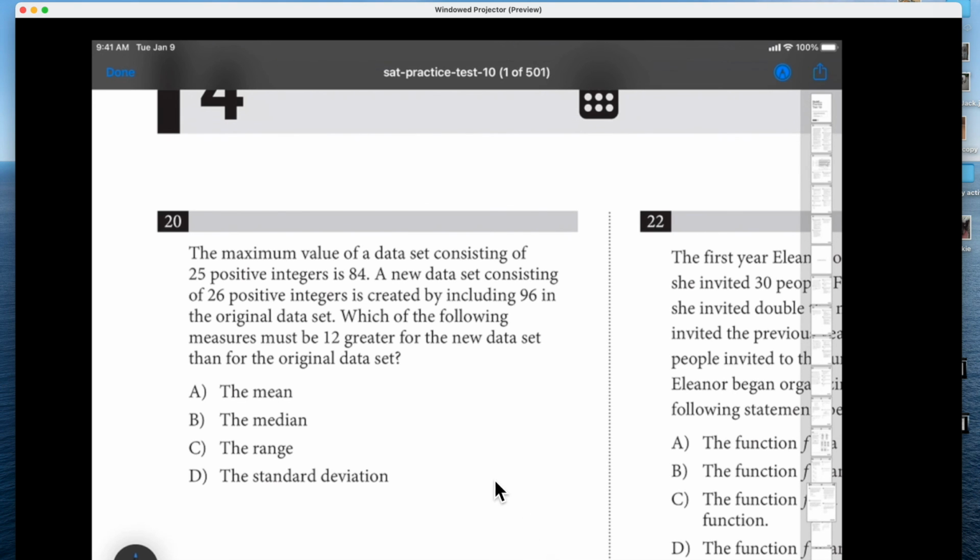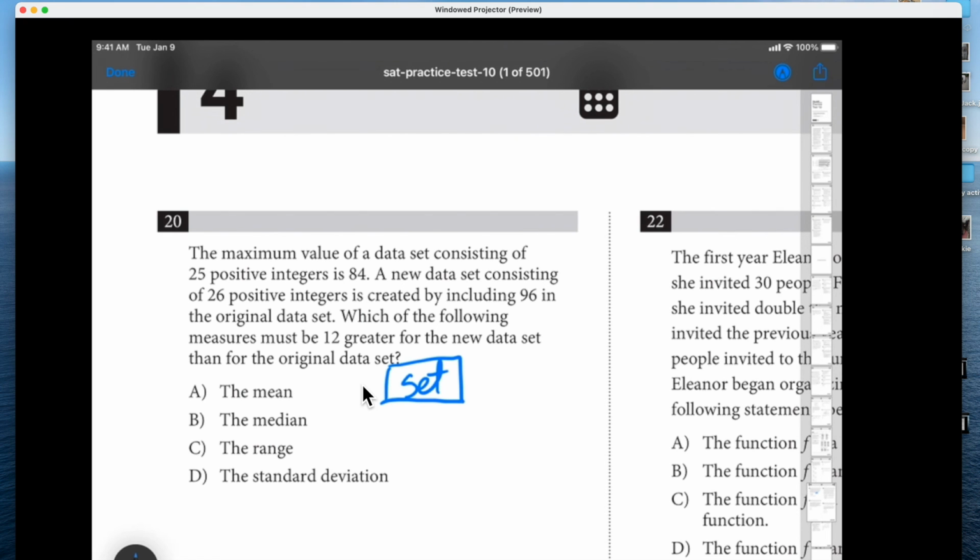Okay, for number 20, they say the maximum value of a data set consisting of 25 positive integers is 84. A new data set consisting of 26 integers is created by including 96 in the original. Which of the following measures must be 12 greater for the new set versus the old set? Okay, so you have a set of 25 here, an original set.